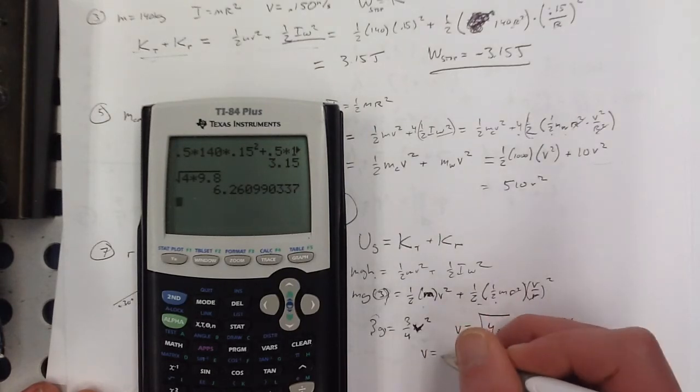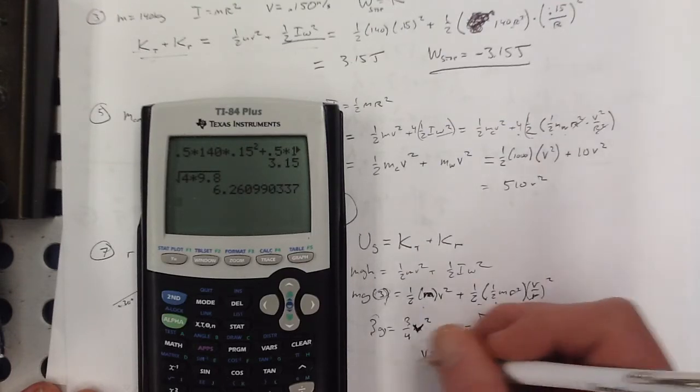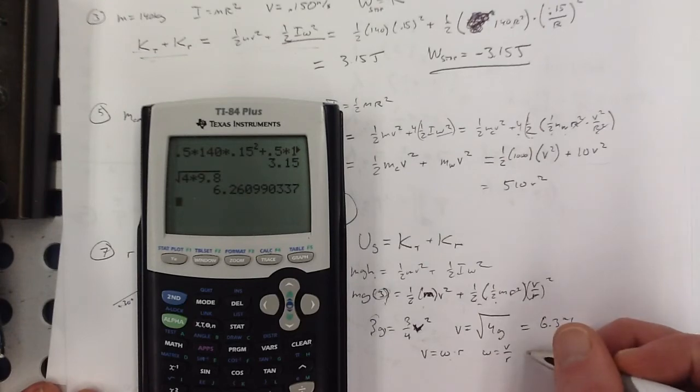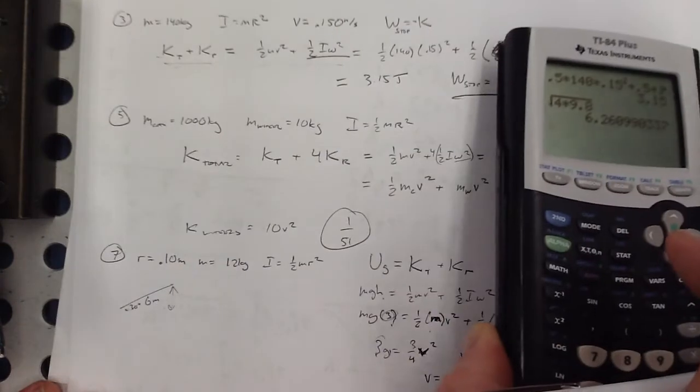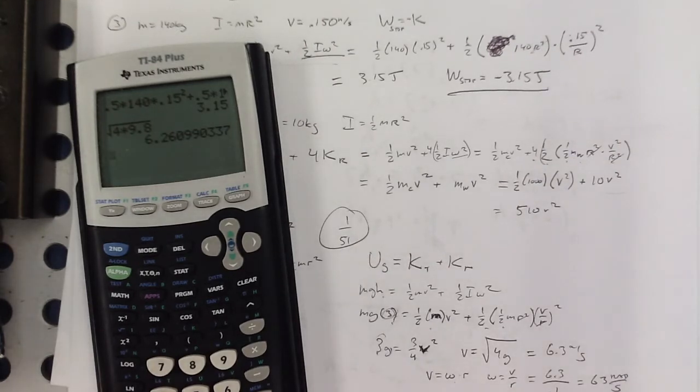So omega equals v over r. So 6.3 over the radius is 63 radians per second. Let's check that. Oh yeah, that's right. And then B is, where does it land?